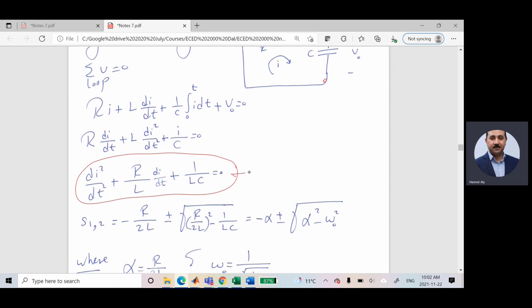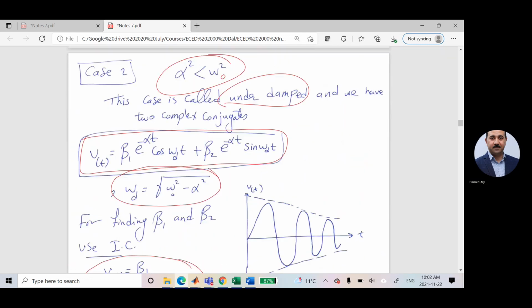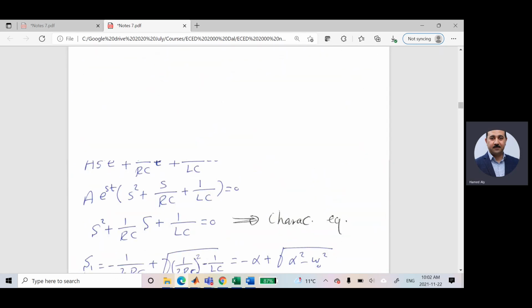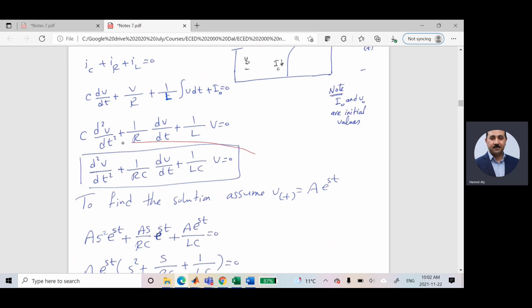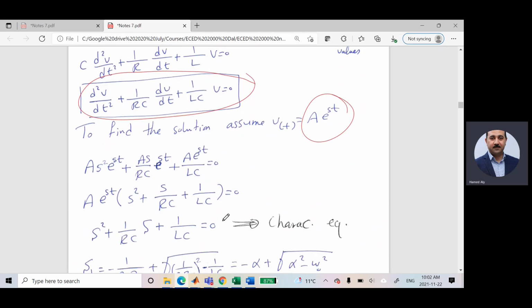So for solving such a problem, I'll do what I did before. Here, when we were talking about the voltage, we assume the solution. This is what I'm going to do. And then we try to substitute and we found a specific equation.